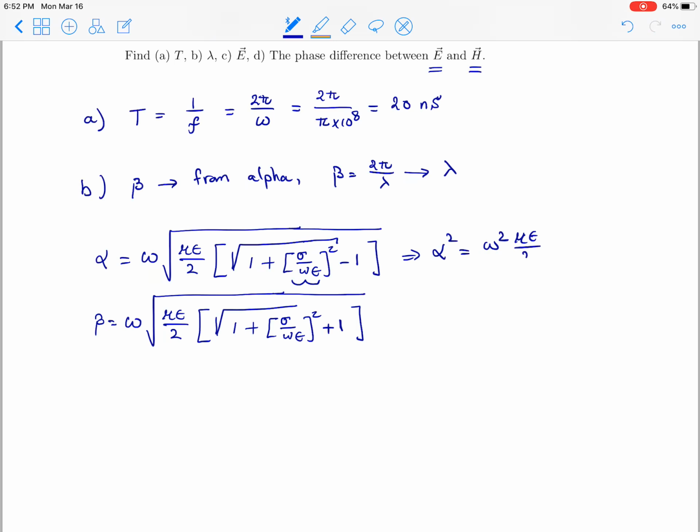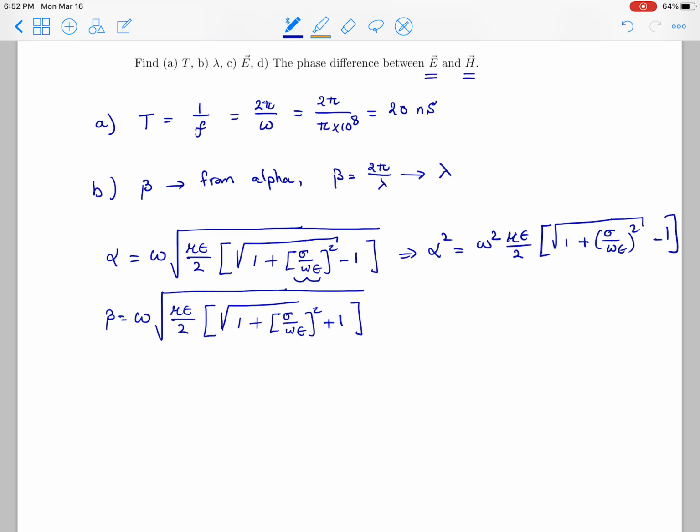And that's going to leave me with mu epsilon divided by 2 times 1 plus... I can do the same with beta, and I will end up with something similar, but instead of -1 it's going to be a +1.